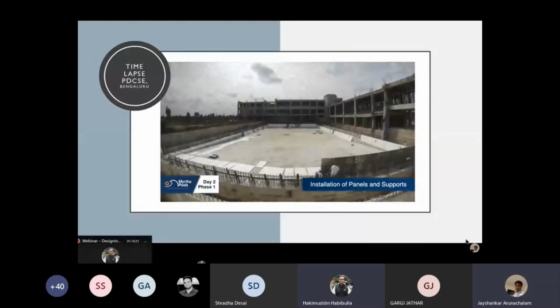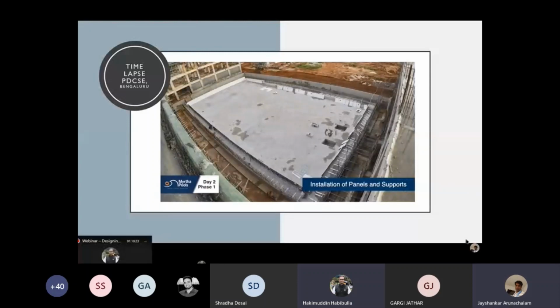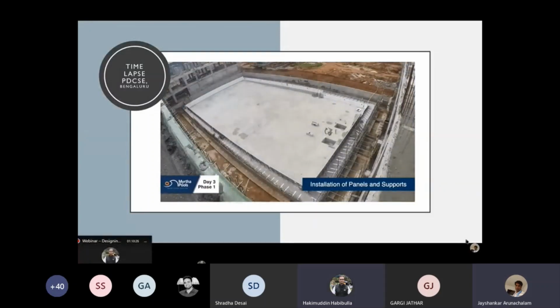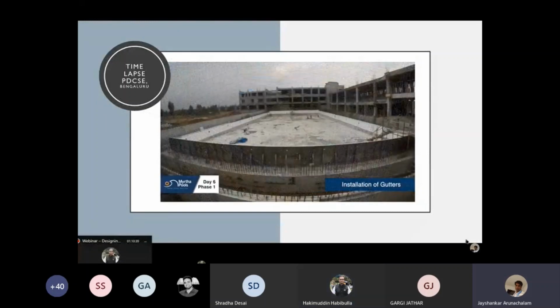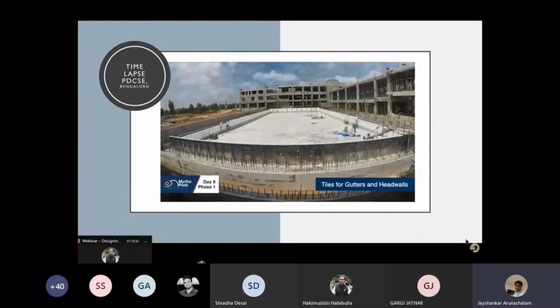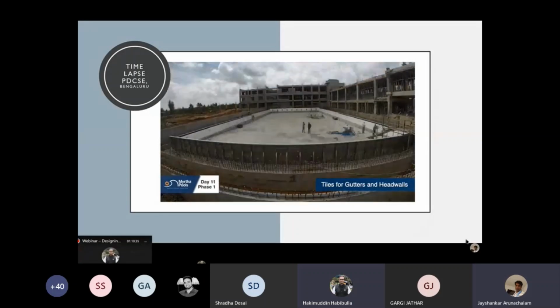We have a base frame that's installed, on which the panels are then installed. The gutters are being installed here, which are integrated in our structure.